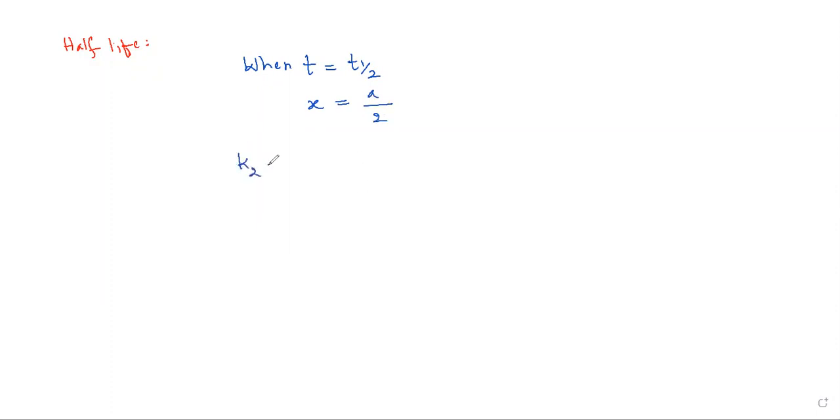Now substituting this in the expression for K2, K2 is equal to 1 by T, which will now become T half, 1 by T into x, x is A by 2, by A of A minus x.